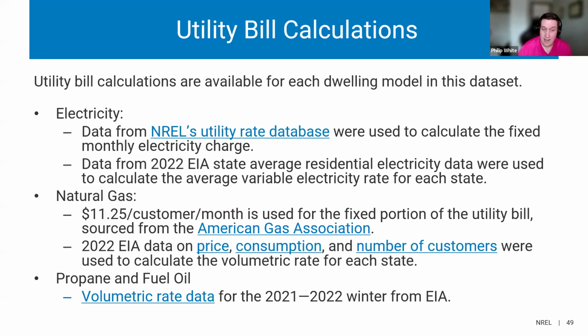Each state receives an average fixed rate for the fuel, as well as a variable rate that is then multiplied by the dwelling's fuel usage. Please note that these utility rates are only generalized estimates for each state, and when possible, specific energy rates should be used to calculate utility bills instead of these state averaged rates that are calculated in the data set.